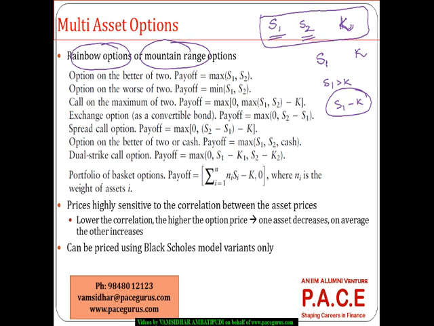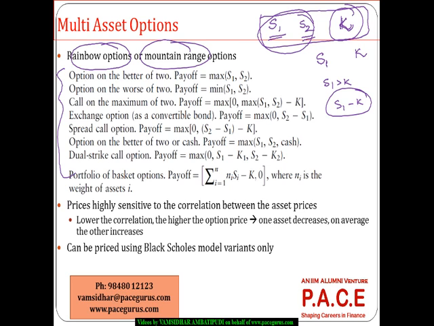Now, when we work with two securities and a strike price, a wide variety of options are created. The majority of them are over the counter. They are not traded on exchange. But all these things fall under the category of rainbow options.